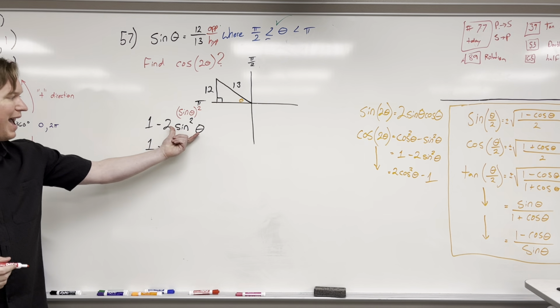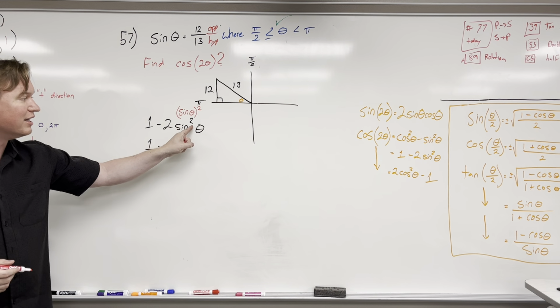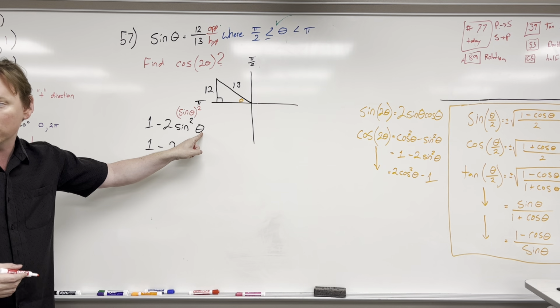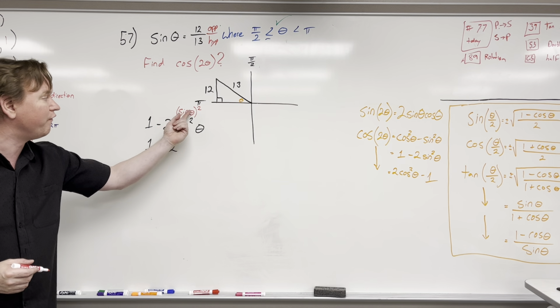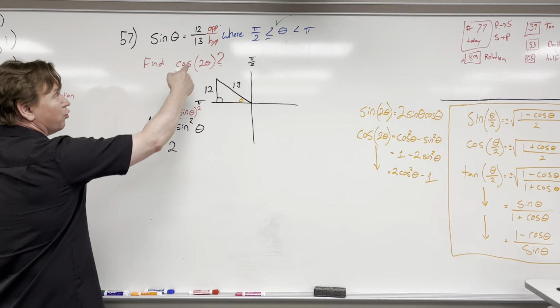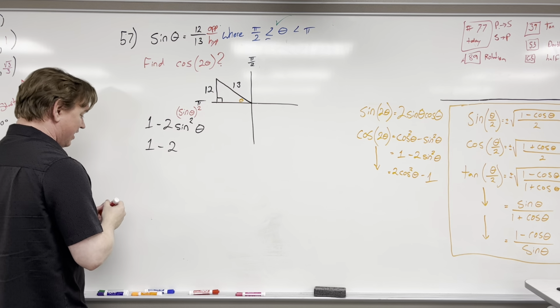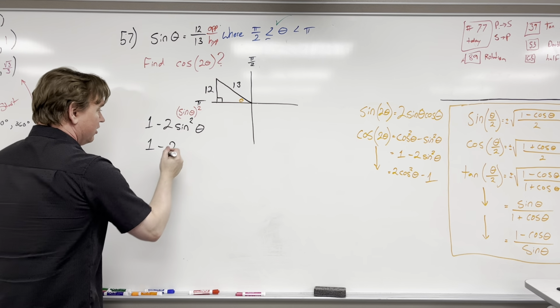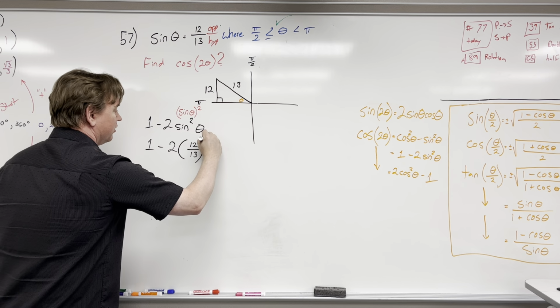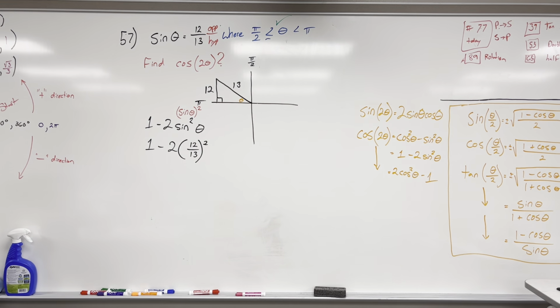In math notation they just put it in between here because they're letting you know that the function is squared, not the angle. So when I do this, I'm saying that whole function is being squared. These two are the same thing. And the reason why is that when you write that, you're actually saying 12 over 13 squared is how you fill that in.